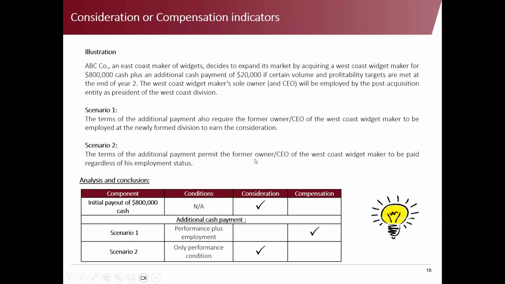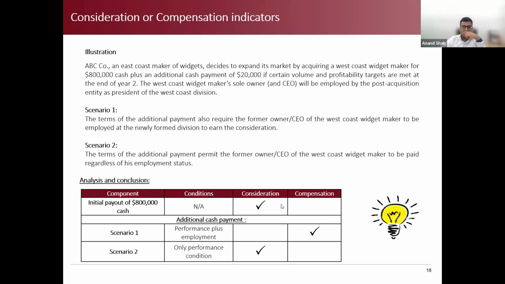First one would, I guess, be compensation. Yeah, perfect. And the second one is consideration, because it has nothing to do with the person continuing with the business.